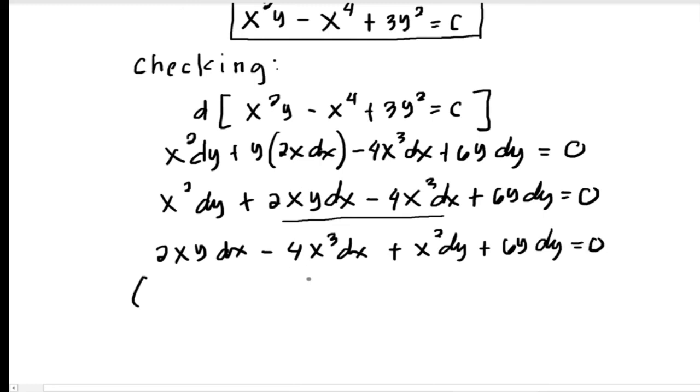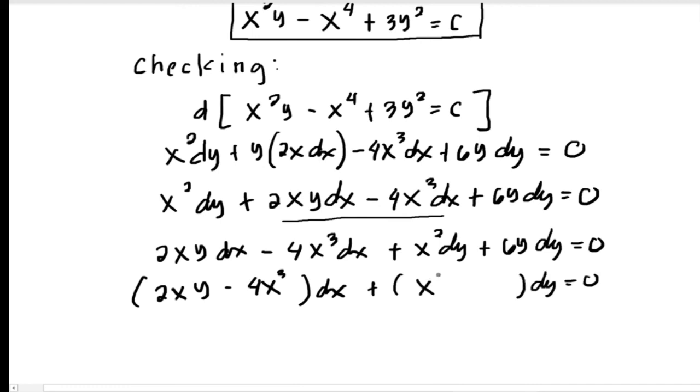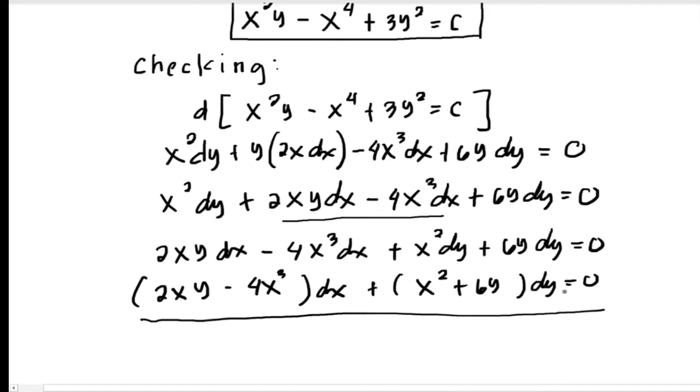Then factor the dx. We have here 2xy minus 4x cubed, plus, let's factor the dy, then x squared plus 6y. And for our given problem, that is (2xy minus 4x cubed) dx plus (x squared plus 6y) dy.